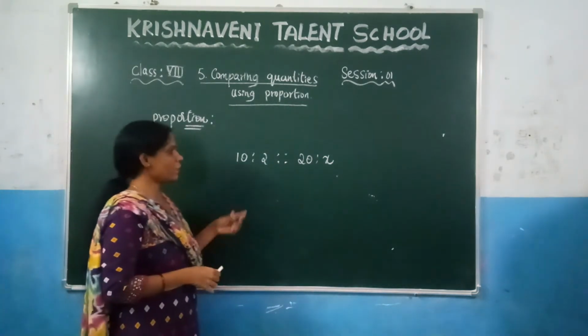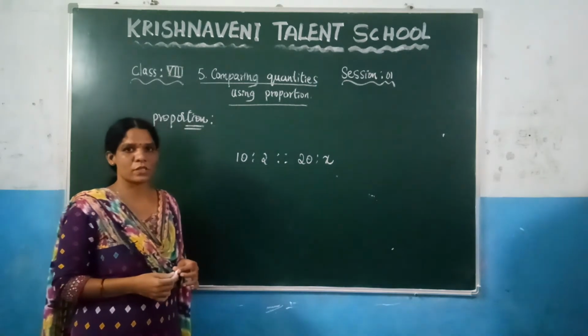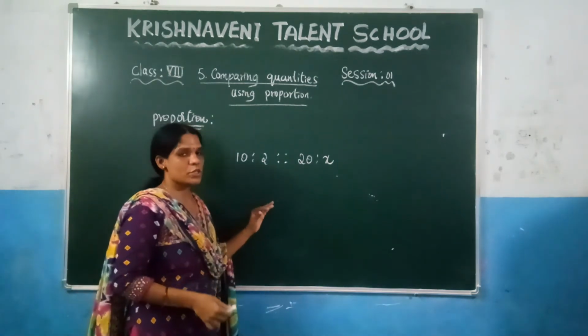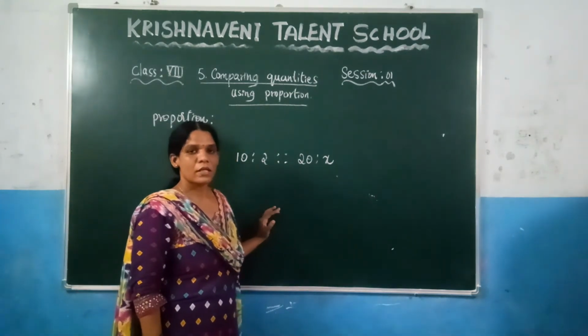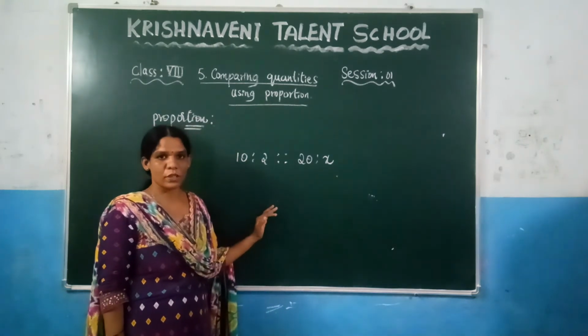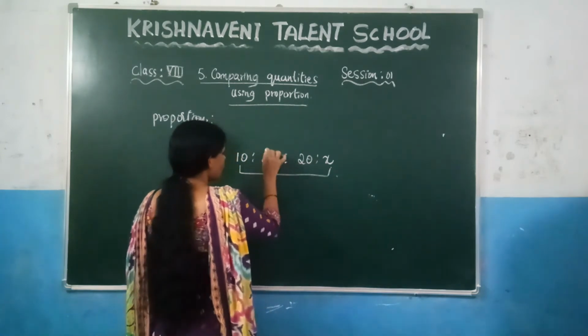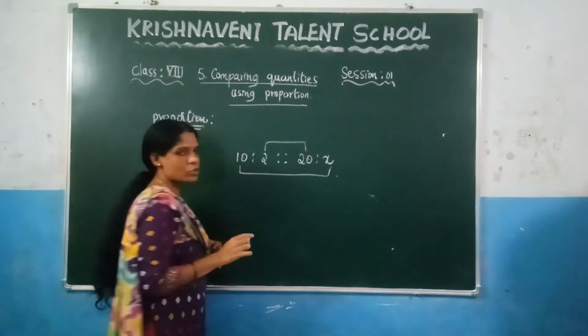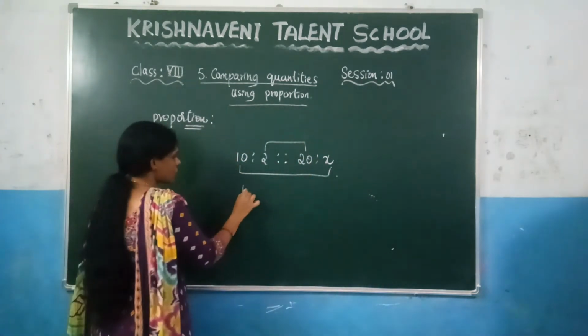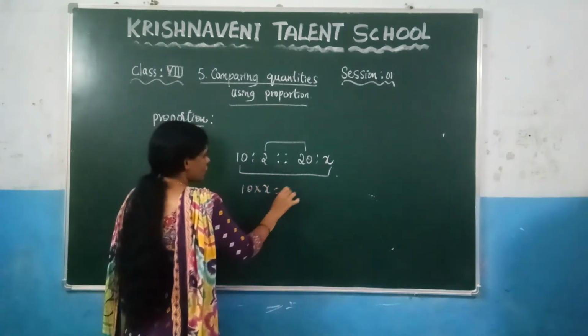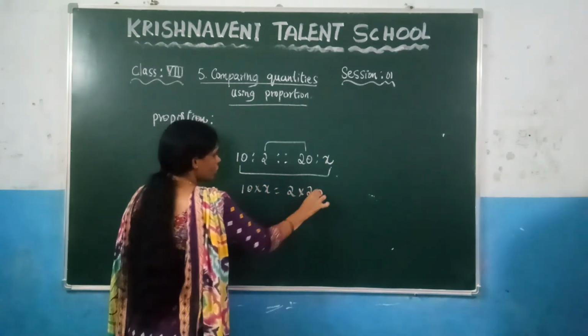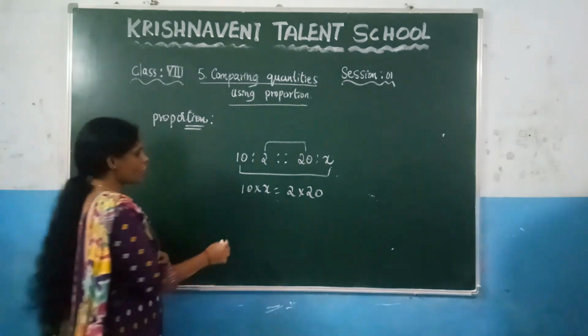Since they have already given that these two ratios are in proportion, you can write the product of extremes is equal to the product of the means. So here what are the extremes? These two. And what are the means? These two. So the product of the extremes, which is 10 into x, is equal to 2 into 20.